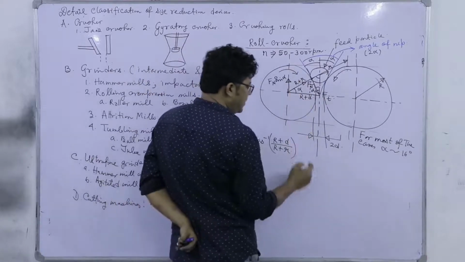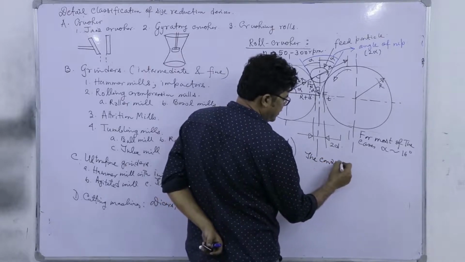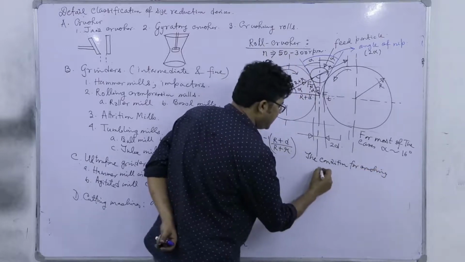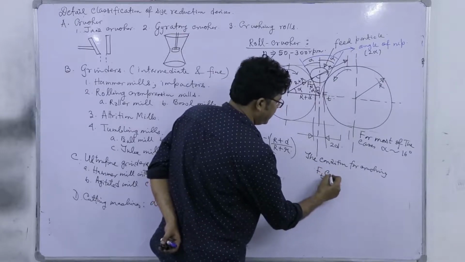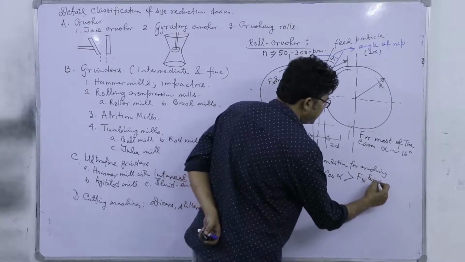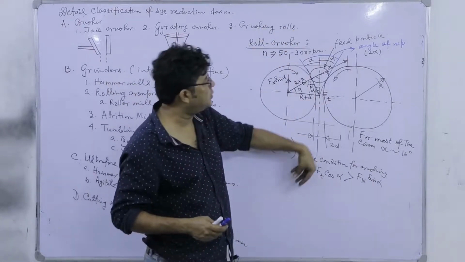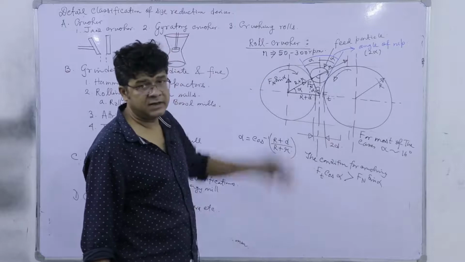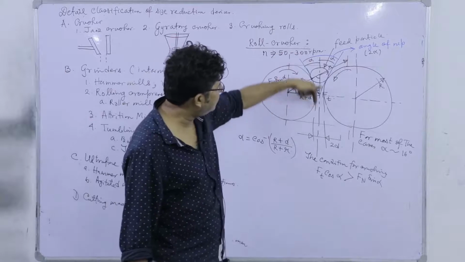Let me describe the condition for crushing. We can write that Ft cos alpha must be greater than Fn sin alpha, because Ft cos alpha is a vertical downward force which will move the particle towards the gap between the two rolls, whereas Fn sin alpha will push the particle in the upward direction, which is against crushing, while the other is favoring crushing.